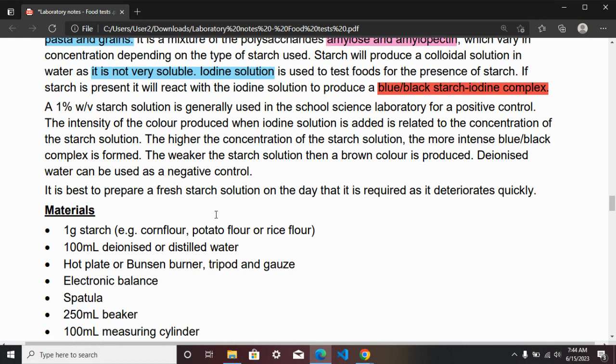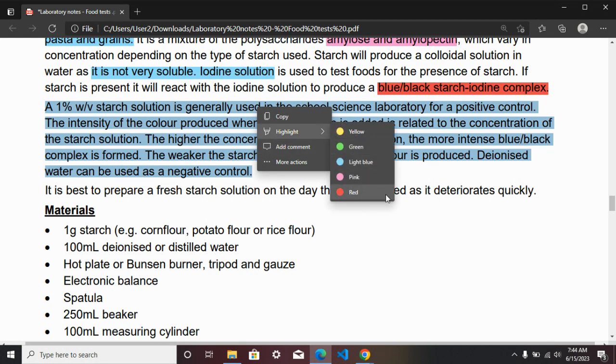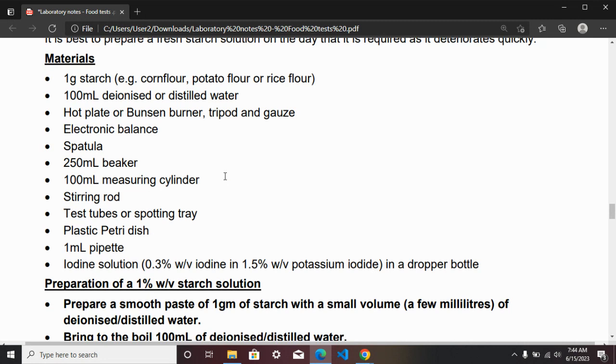A 1% starch solution is generally used in school science laboratories for this test. These are some of the materials that we'll need. We need 1 gram of starch. It can be corn flour, potato flour, or rice flour, any kind of flour produced from a carbohydrate source.